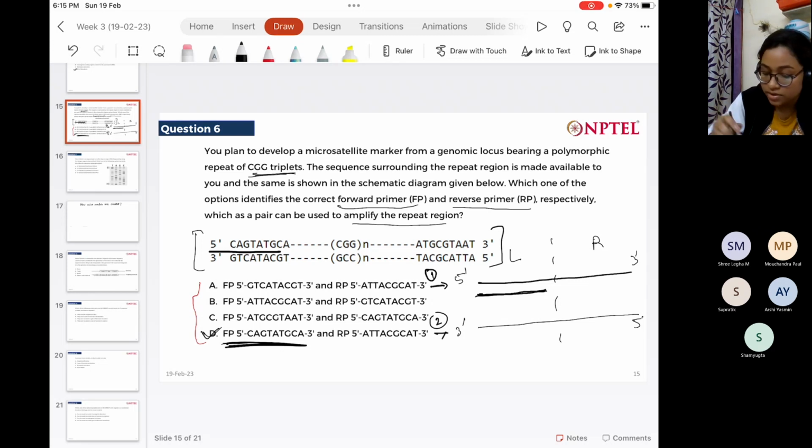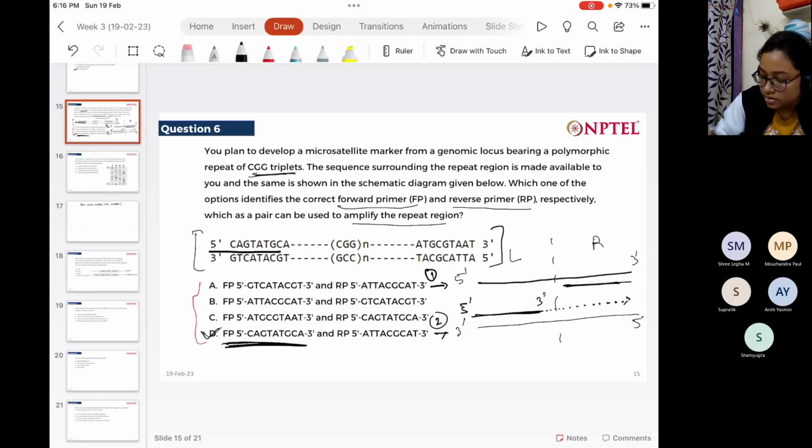So you should remember the forward primer goes here, 5 prime to 3 prime, so that it can add more and more nucleotides and cause the polymerization reaction in the 5 prime to 3 prime direction for the second strand. Whereas the reverse primer goes here, on the right side of the first strand.